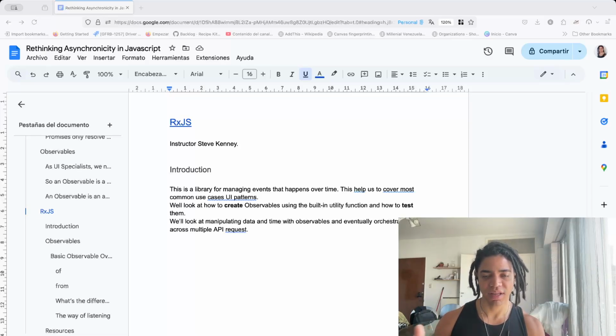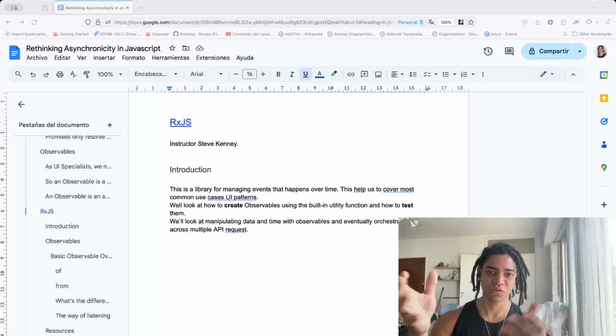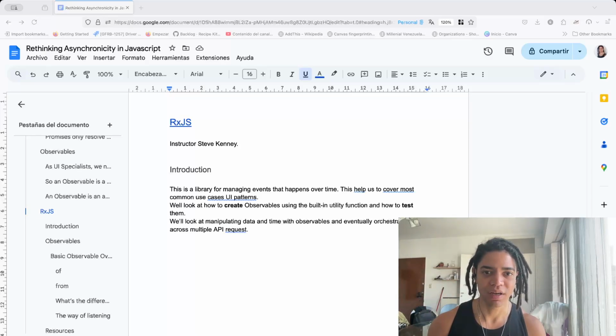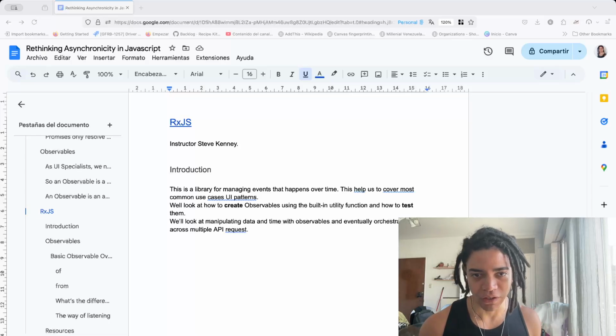So that's very interesting, as well as some other advanced concepts, such as asynchronicity, how we're going to handle asynchronicity in our programs, which is what we get into by looking at RxJS.